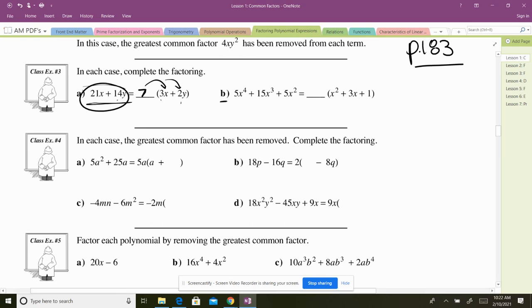So if I have, looking at B, 5, 15, and 5, what's the greatest common factor? 5. 5 goes on the outside. What's left in the bracket is when you divide 5 by 5, you get 1. 15 divided by 5 is 3, and 5 divided by 5 is 1 at the end, okay?